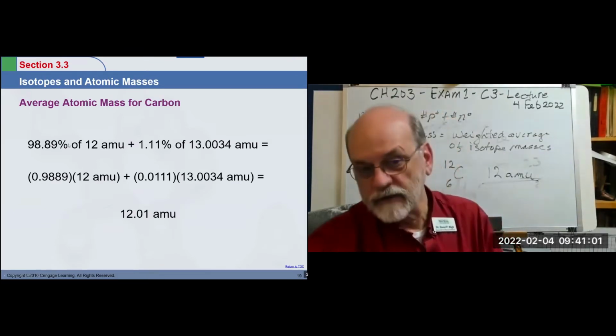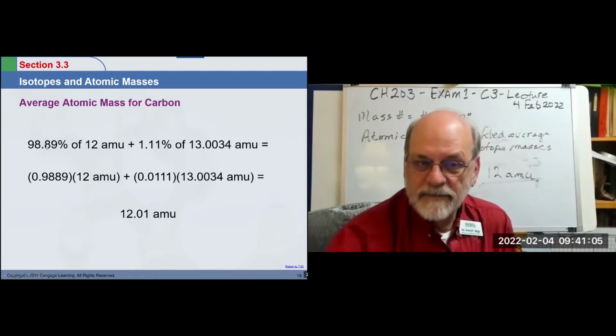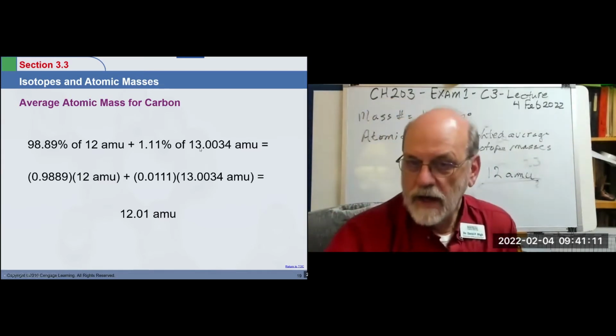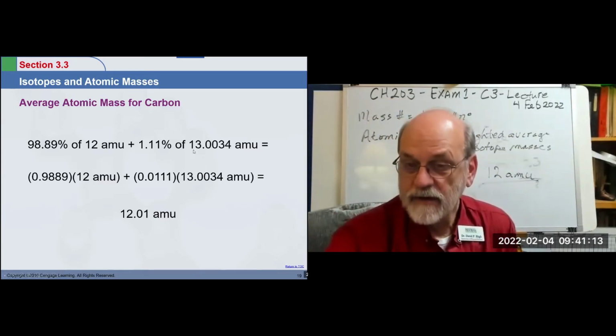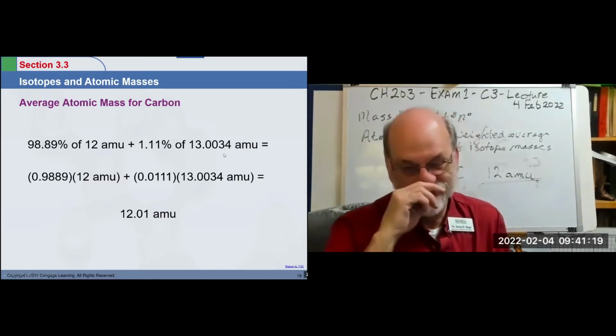That's why we only have 2 calculations in this summation. All right, 98.89% is 12 AMUs. Oh, I just noticed we actually do have the atomic mass units for carbon 13. That's good.